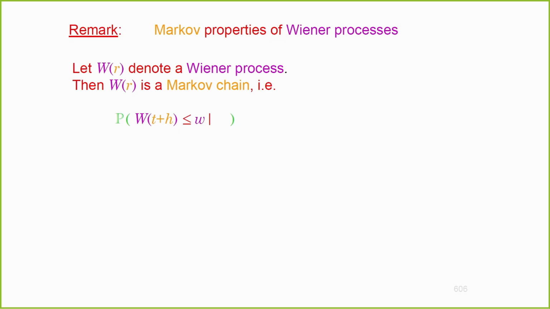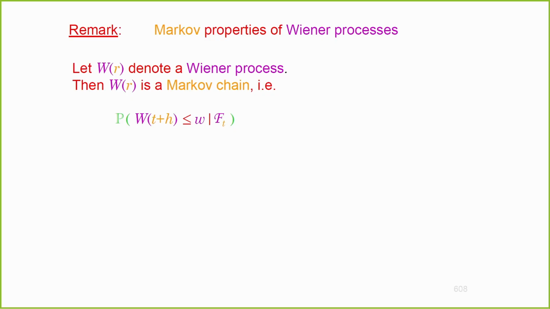Not being greater than some constant, let's say, which is actually the cumulative distribution function of the Wiener process at time point t plus h given the past, which is what this expression means.